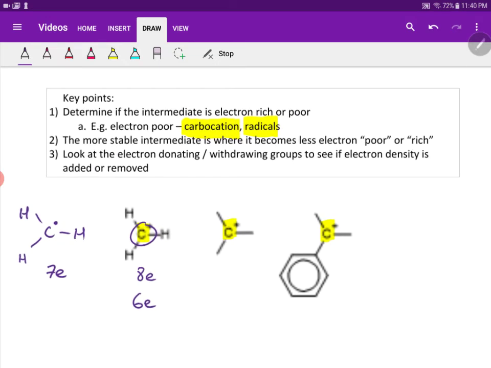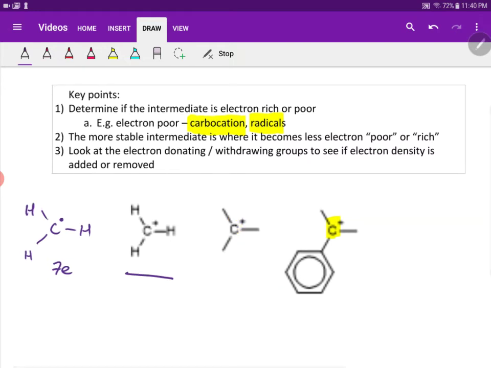We will use this first molecule as a benchmark, because it only has protons or hydrogen atoms connected to it. In the second example, we know that there are 3 CH3 groups attached to it, so it is electron donating. This is what we have learned in the inductive effect.